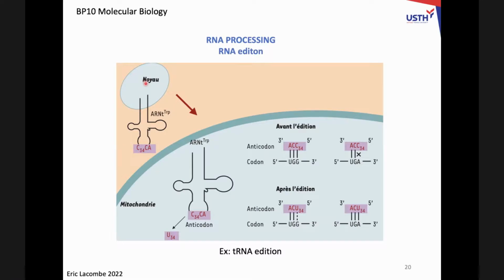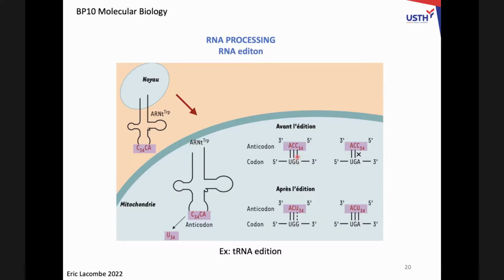Naturally, the nucleus produces this tRNA like that with CAA. So before editing, yes, we have to read it the other way, okay? It's CCA. Before editing, the anticodon is CCA. You see the 34 is here. And the codon that is going to be read is GGU.